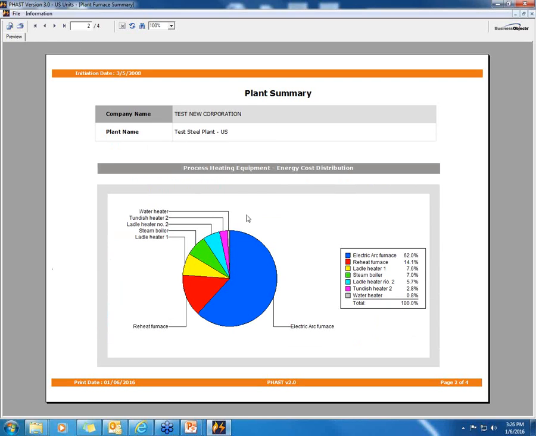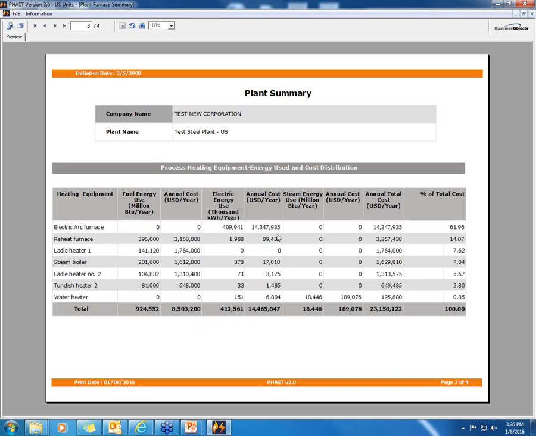Then this report also shows you this kind of pie chart, showing how energy is used, energy cost distribution by equipment. In this case, 62% of energy cost is associated with the electric arc furnace. Then 14.1% is associated with the reheat furnace, and then the remaining equipment. Then the same information in table format.